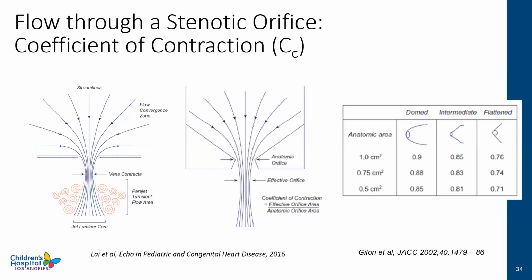You can see that it's a little bit wider than the example on the left where you have a flat orifice. The table on the right just emphasizes this a little bit more, where while your coefficient of contraction is dependent on your anatomic area, it's actually going to be even more dependent on what your inlet geometry looks like, where the flatter valve shape is associated with a more marked contraction at the level of the vena contracta.